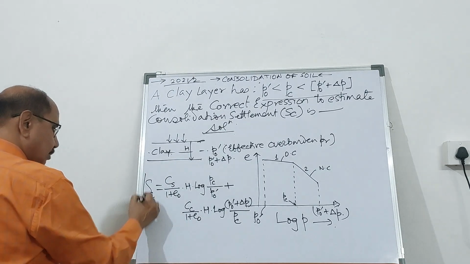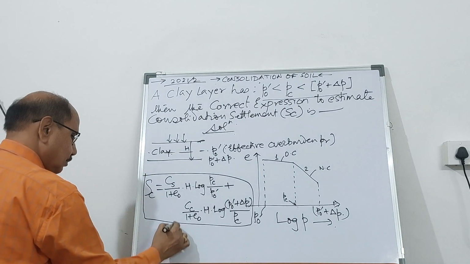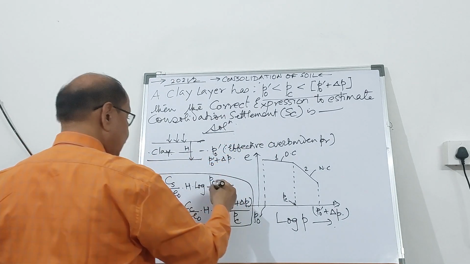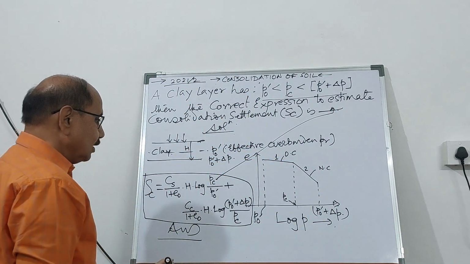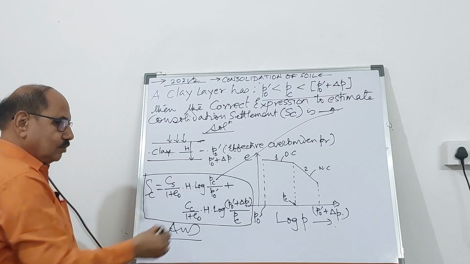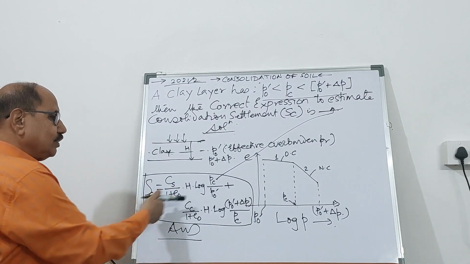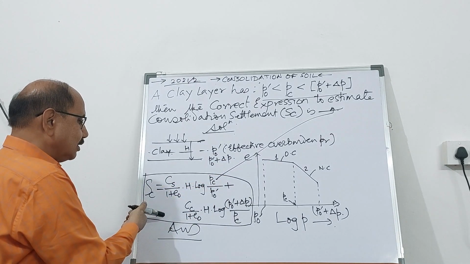So this becomes the answer. Here, this part you can fill it. So they have given 4 expressions. You know which expression is going to be the correct one. You will have to choose that.